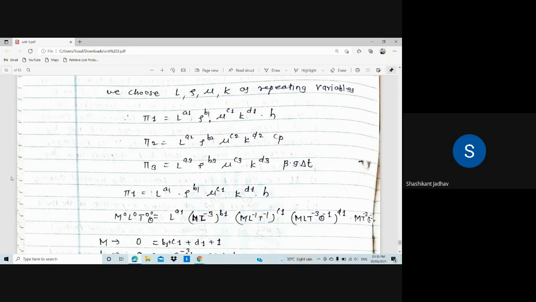Then pi 3 is equal to L raised to a3, rho raised to b3, mu raised to c3, K raised to d3 into beta g delta T. Total 7 terms are there. So 4 repeating variables, and we put one other term in each pi term. Then we take the pi 1 term and calculate the values of a1, b1, c1 and d1 by comparing the powers on both sides.